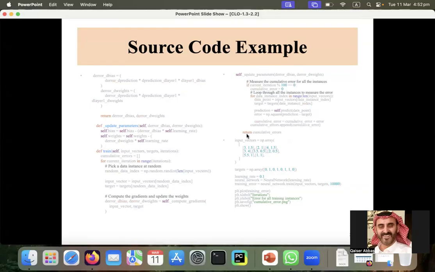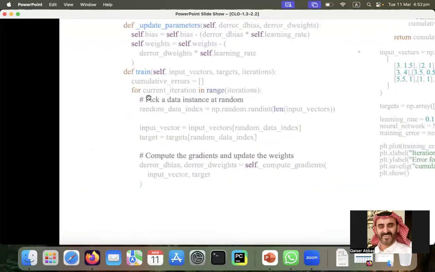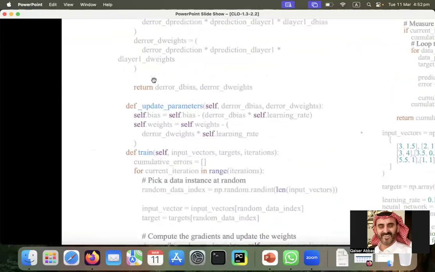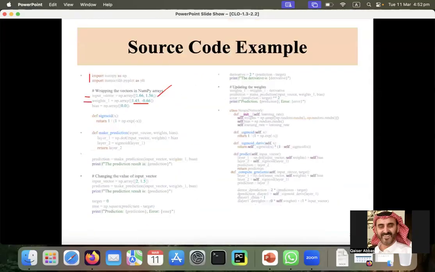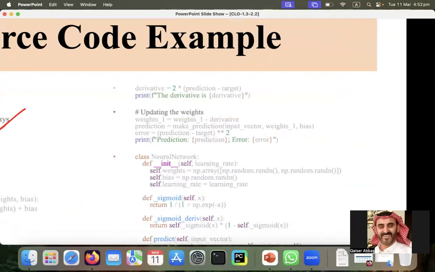But for one point, how can we calculate the derivative? Let's see that. So we were here. Here, derivative: prediction minus target, which is the difference, and you are multiplying it by 2, and you are getting this derivative with a simple formula.